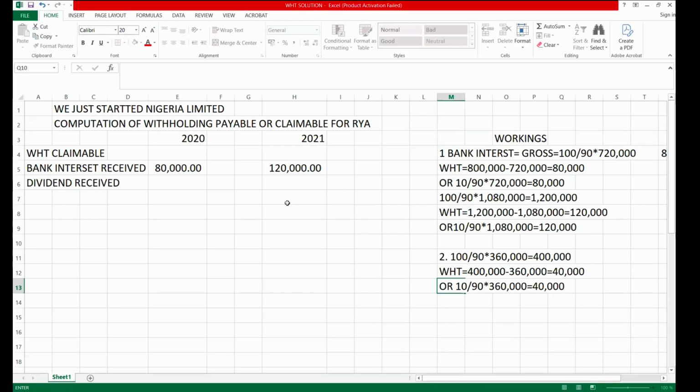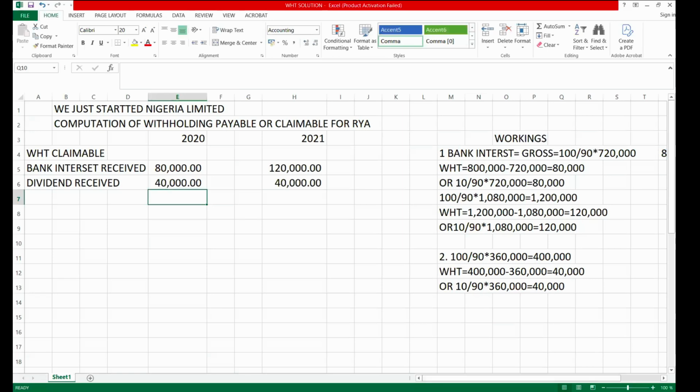So we have the same value. We have 40,000 here, and we also have 40,000 in 2021 as well. So that is the withholding tax claimable.